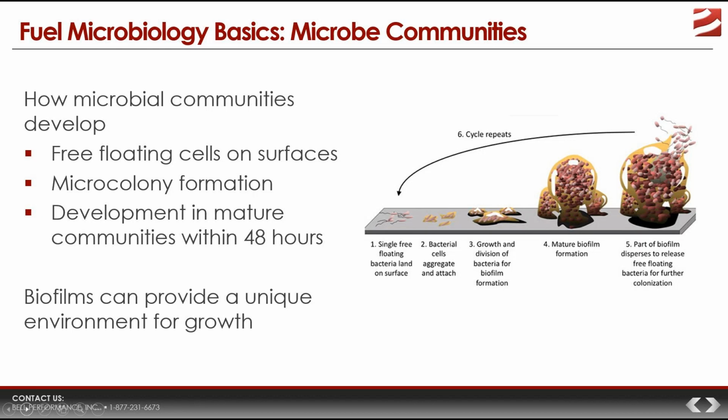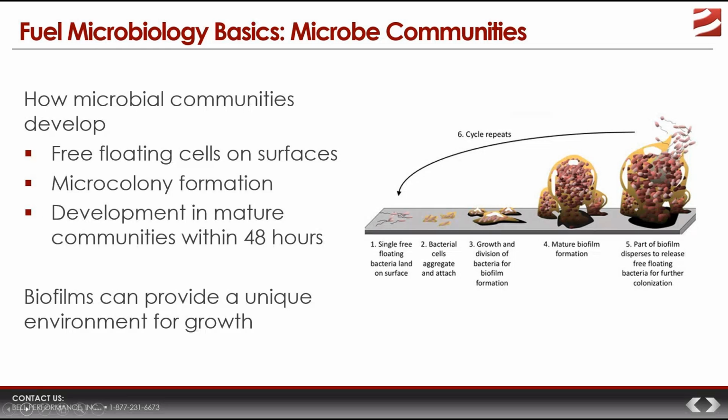One reason why this happens is because the environment within the biofilm is actually a lot different than the environment outside in the open air. There are greater concentrations of oxygen and sulfur, differing levels of acidity, differing levels of carbon dioxide, for example.